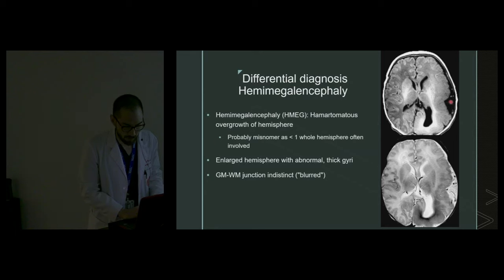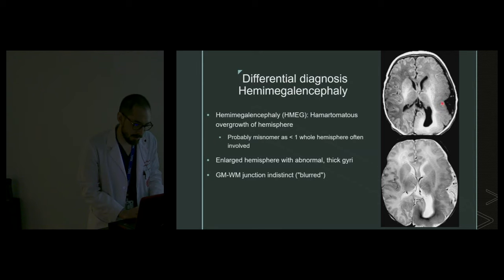On this T1 MRI, we can see myelin maturation, which is characterized by high signal. There's also the blurred gray-white junction, which is characteristic of the cortical dysplasia.